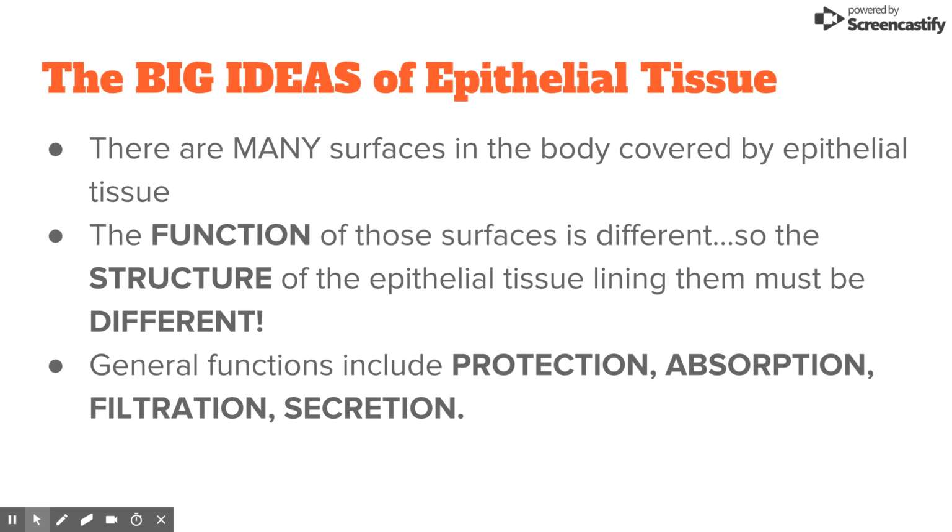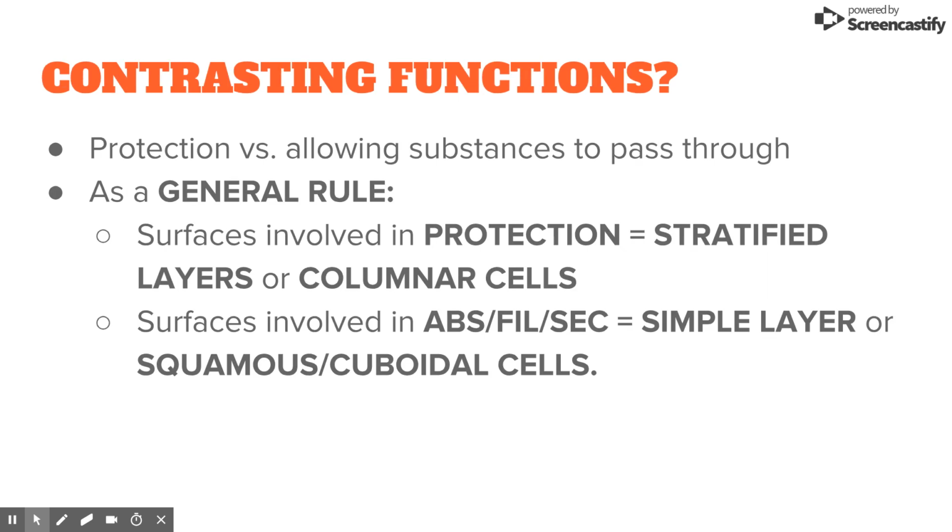We have different functions. But when we look at these functions, they're pretty different. Protection is very different from absorption, right? So what your skin does and how parts of your lungs are working are very, very different. So it makes sense that the structures are different. As a general rule, it's not necessarily the case every single time, but if it's protection, it's going to be stratified layers or columnar cells, because stratified means multiple layers and columnar are thicker of the three shapes that we talked about.